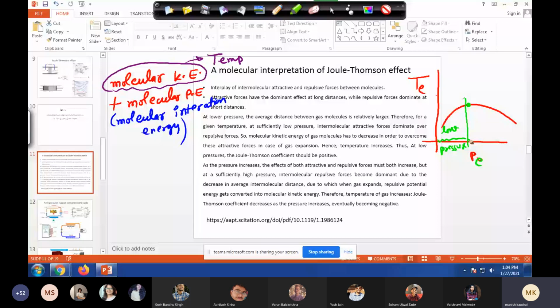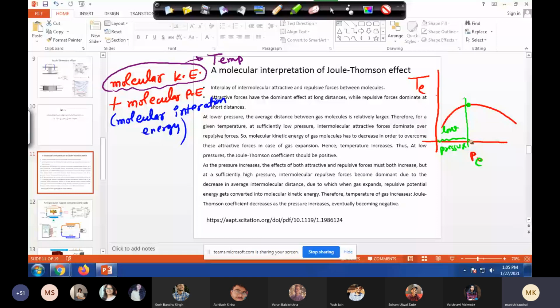Now tell me, if you take two molecules, there is something called an electron cloud. So when two molecules come closer to each other, after a certain distance, what happens? The force becomes repulsive or attractive?